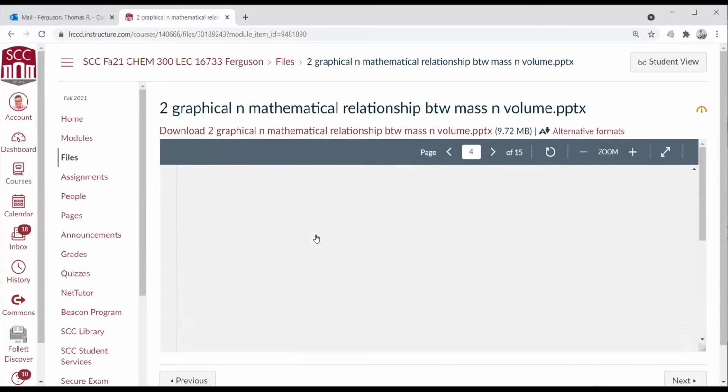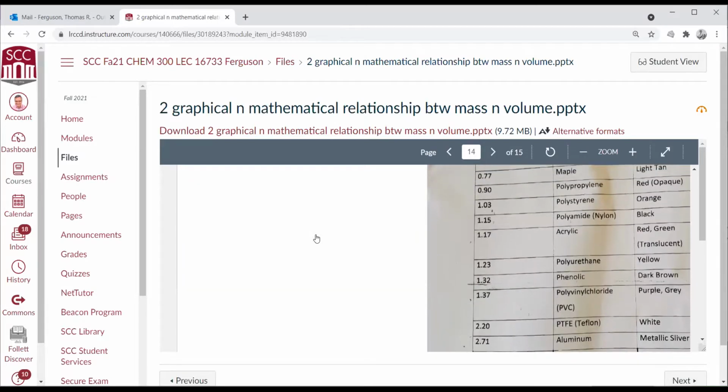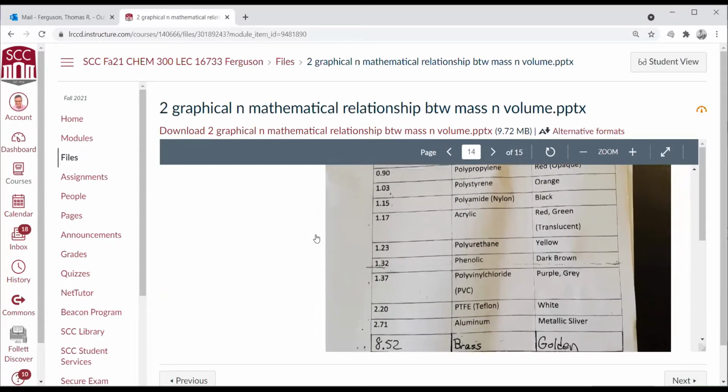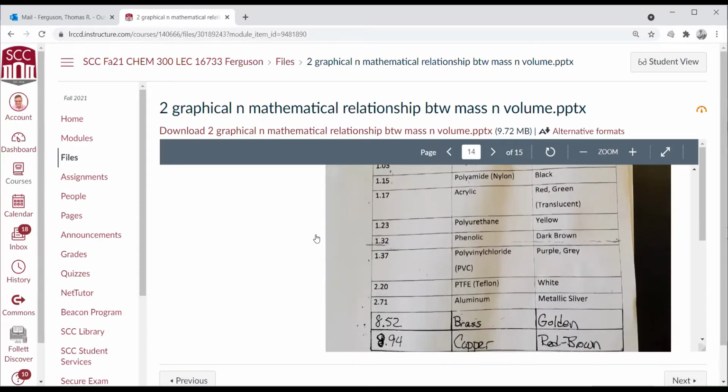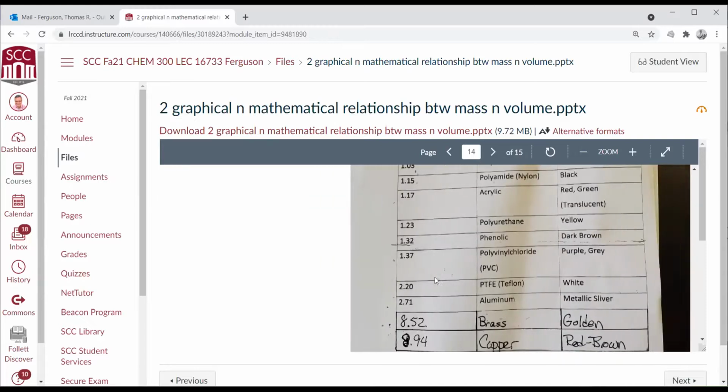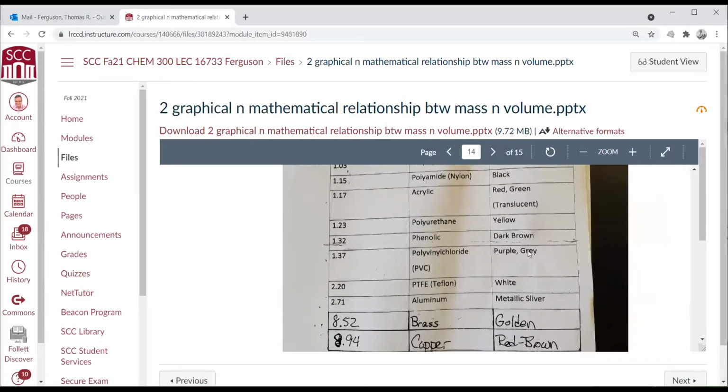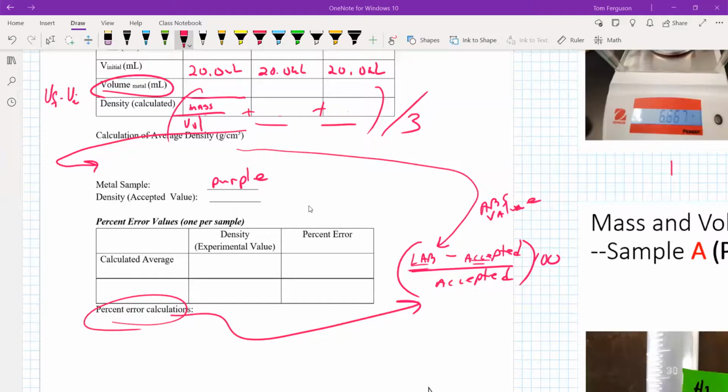You go to the very, very end, and these are the values here. So these are the official values here. So here's the purple right here. So you can be comparing the 1.37. It's going to be 1.37.